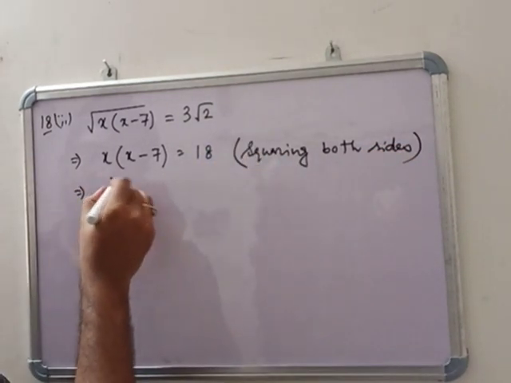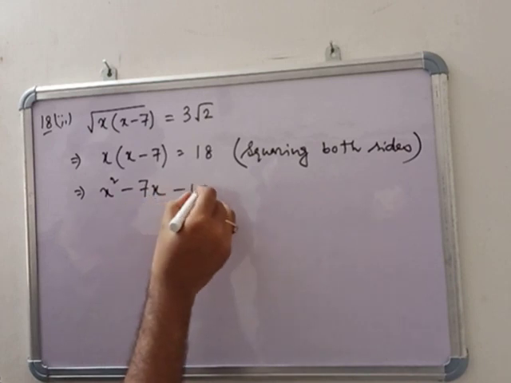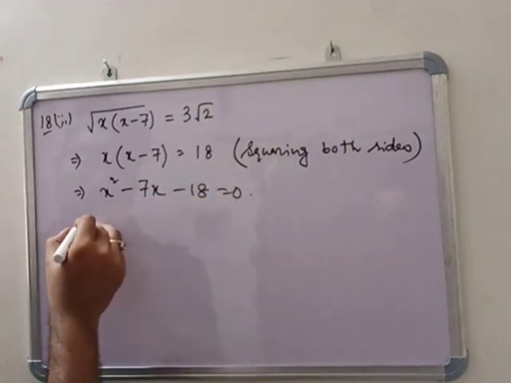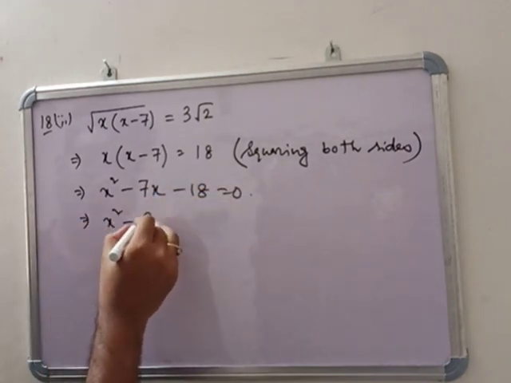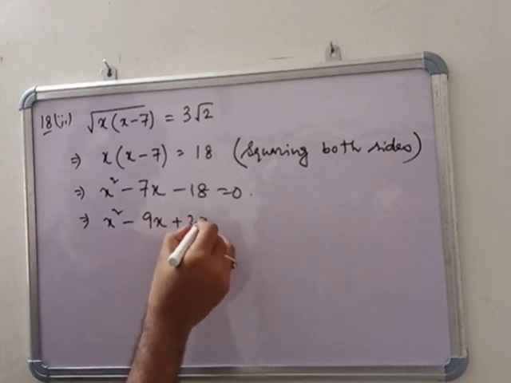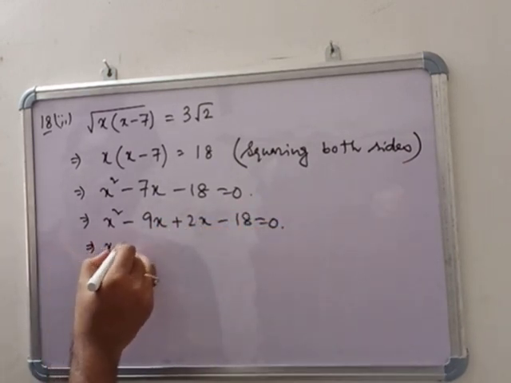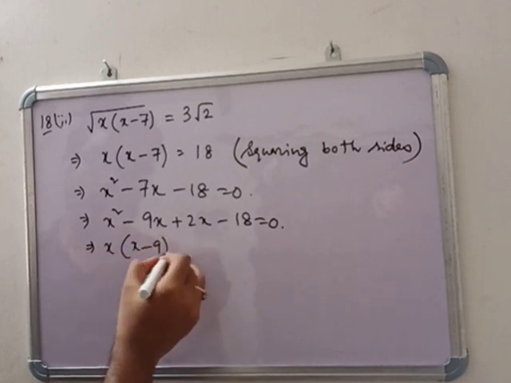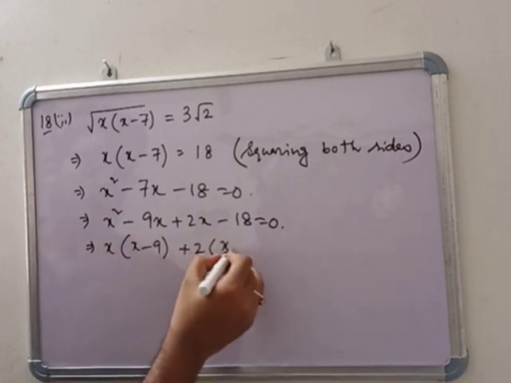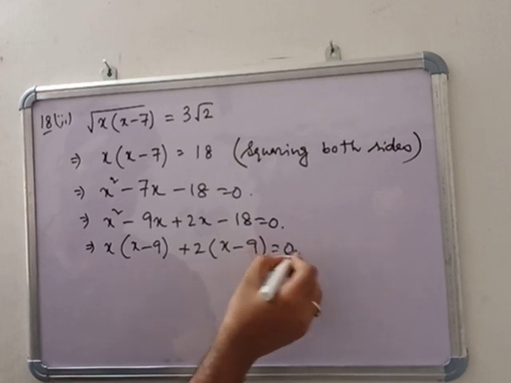Now x square minus 7x minus 18 equals 0. x square minus 9x plus 2x minus 18 equals 0. x common, (x minus 9), plus 2 common, (x minus 9) equals 0.